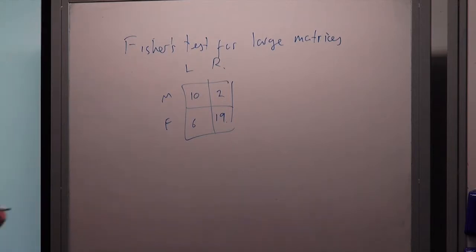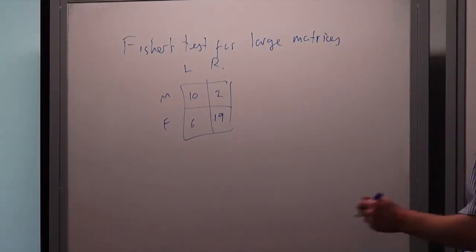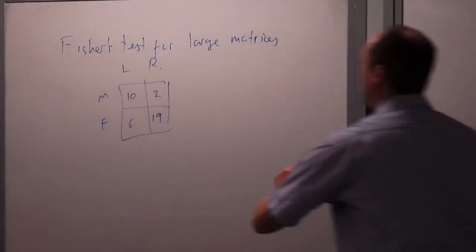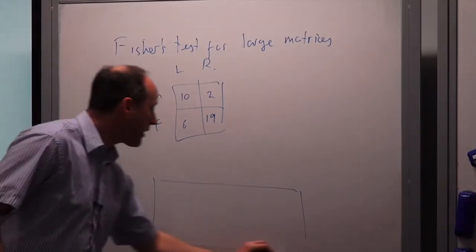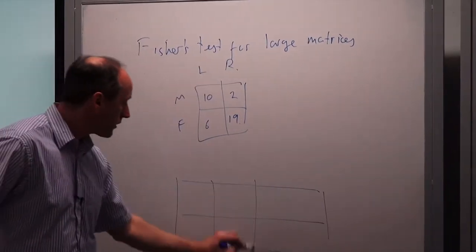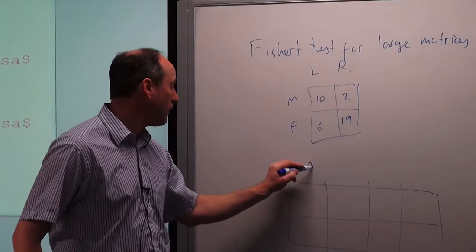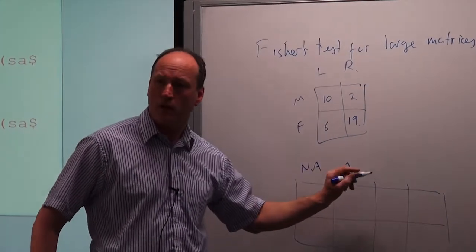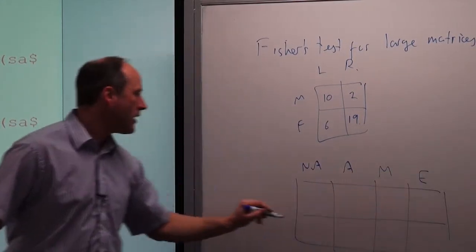However, there was a whole bunch of people, more than I can remember, who needed a generalization of Fisher's exact test, where you had a larger matrix like this. I'll just take one from education. You had not achieved, merit and excellence, I think it was. And then you had different papers.